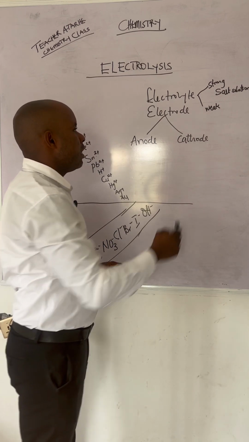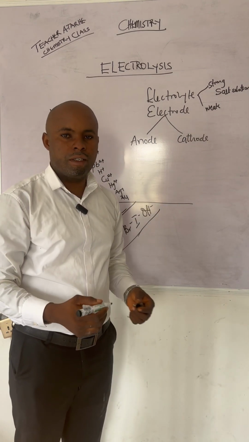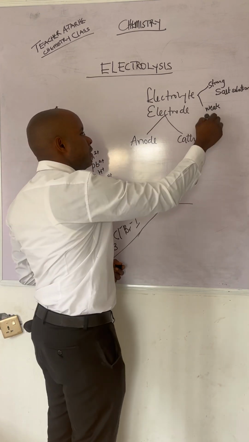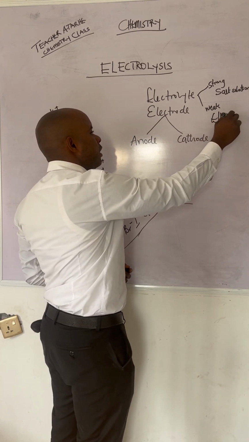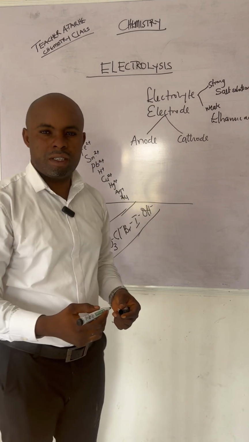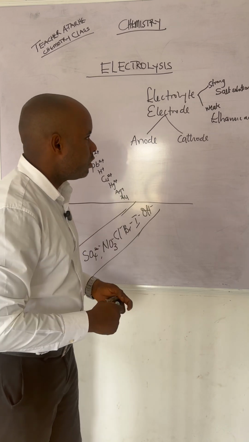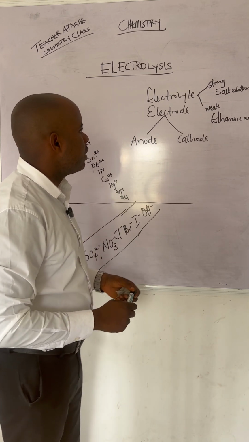Weak electrolytes are those that do not dissociate completely in a solution. A very good example is ethanoic acid. Ethanoic acid conducts electricity, but it does not dissociate easily, so the conduction of electricity is low compared to strong electrolytes like salt solution.